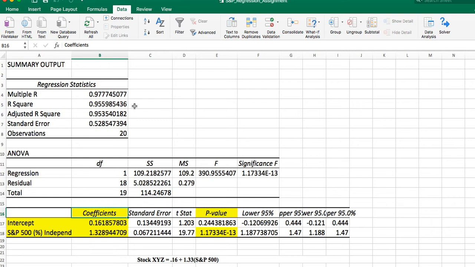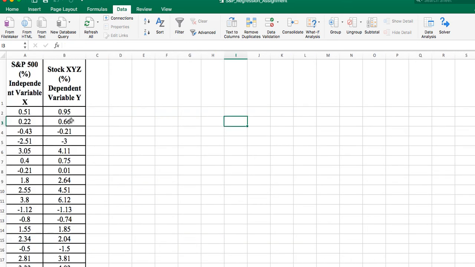If you go back over here to our data and look at what's going on, the difference as a percent, 0.95%, 0.66%, the reason why these percentages change over the past, I believe I used 20 periods, can be explained away with the S&P 500.